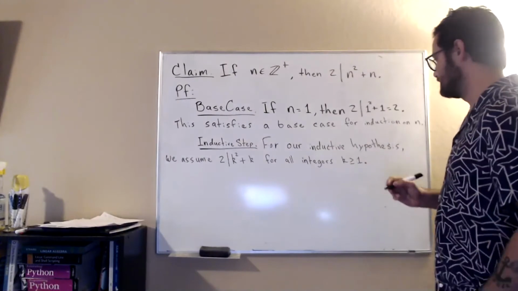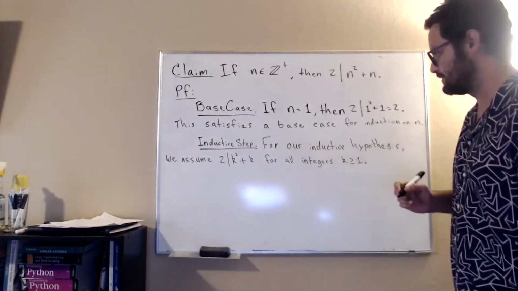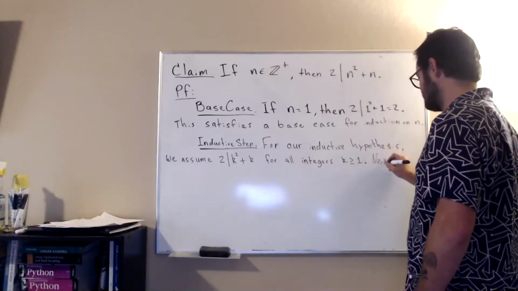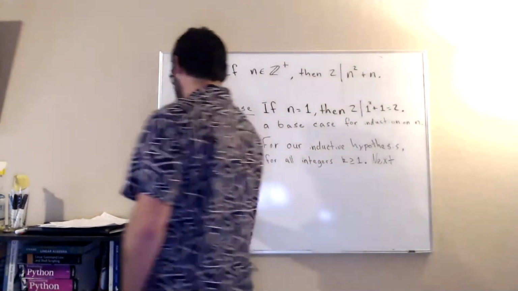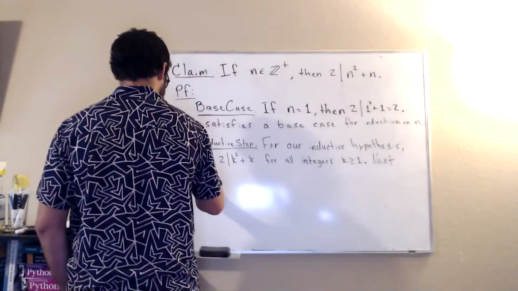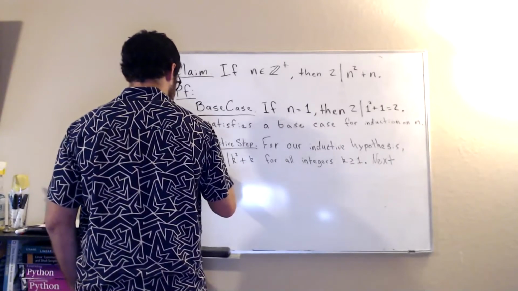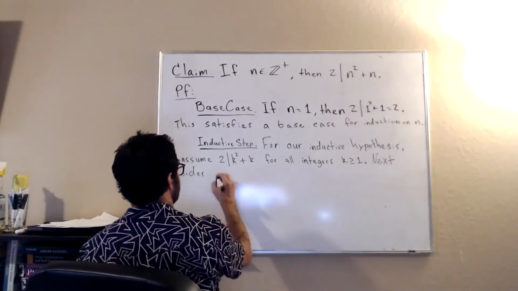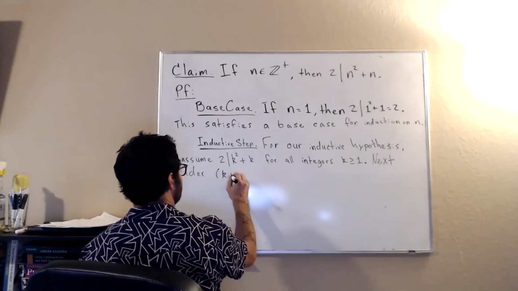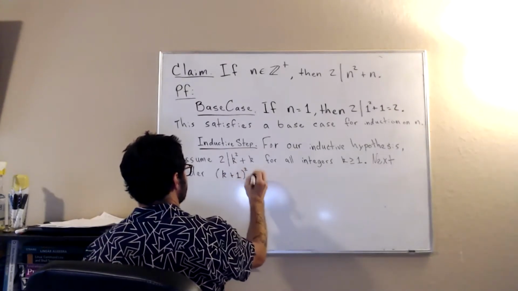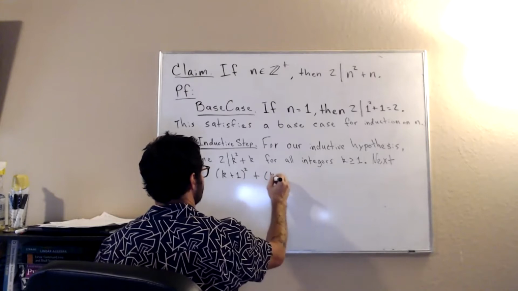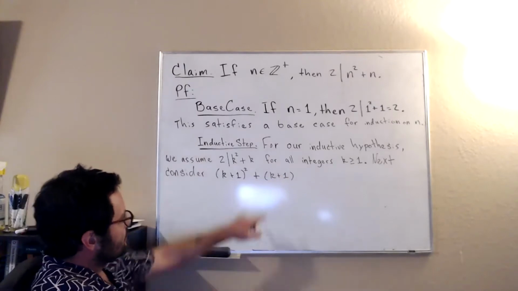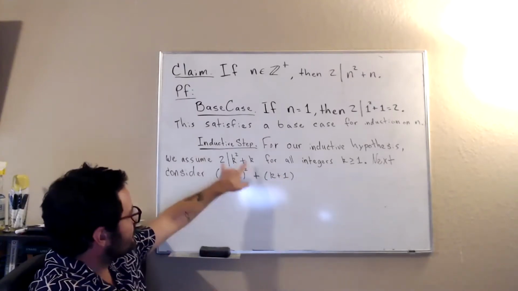So we need to use our hypothesis somehow. So maybe next consider k plus 1 all squared plus k plus 1. We want to show that this is divisible by 2 using our inductive hypothesis.